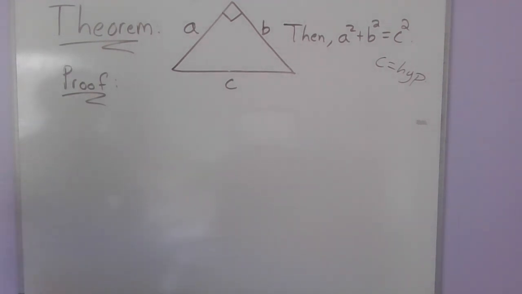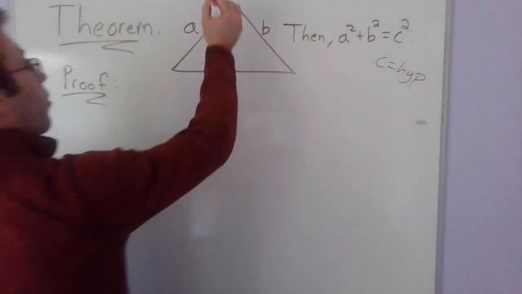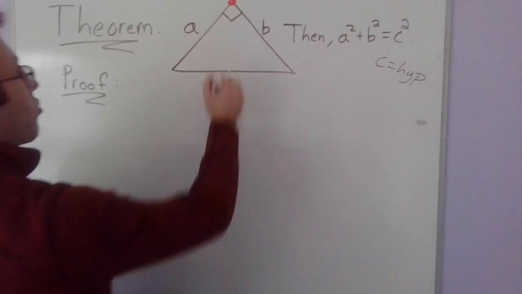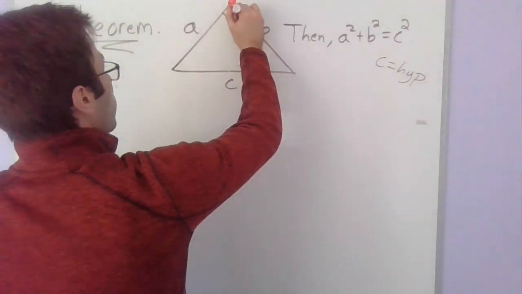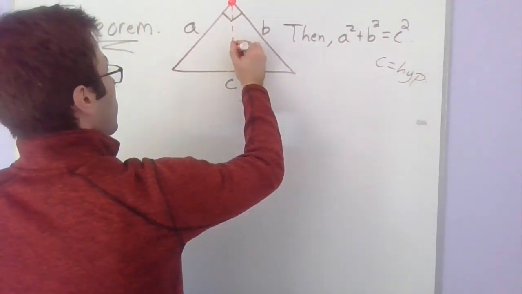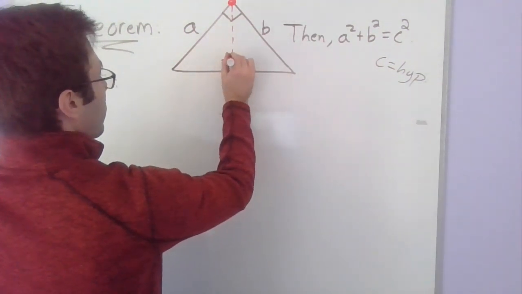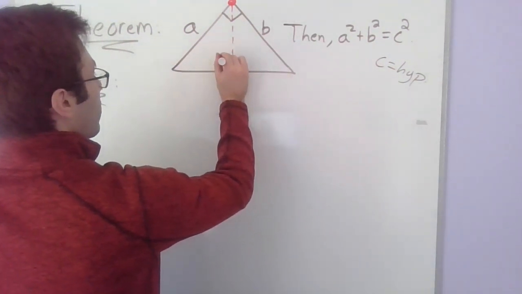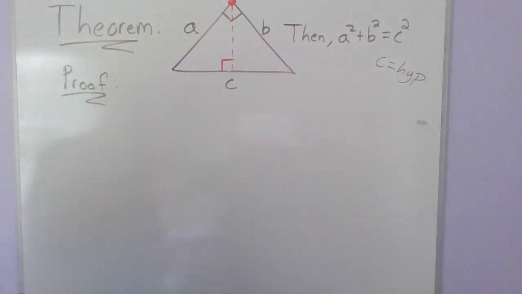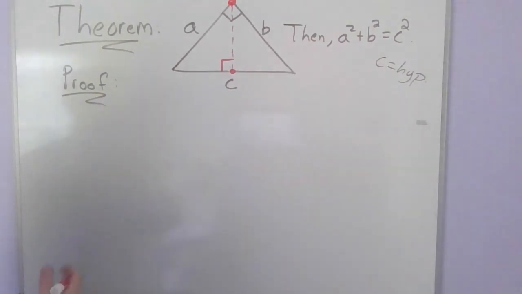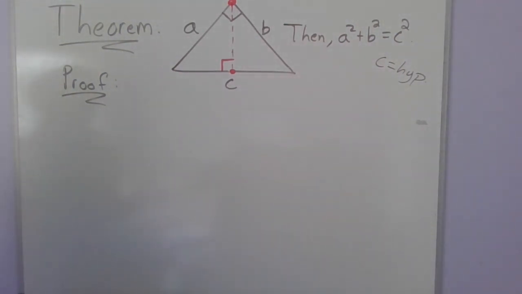All right, so to start this thing out, I'm going to take this point at the very top and drag it straight on down. And this angle right here, I'm going to define this angle to be 90 degrees. What is that called? This segment from here all the way up, that auxiliary segment, what is that called?